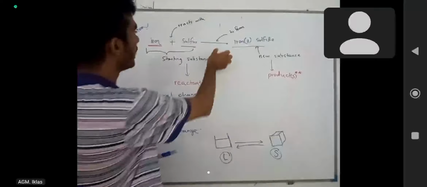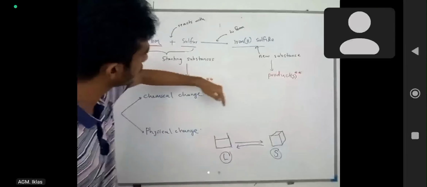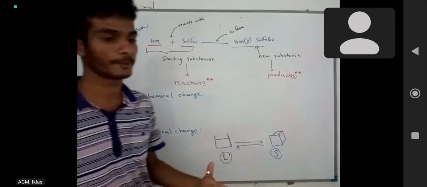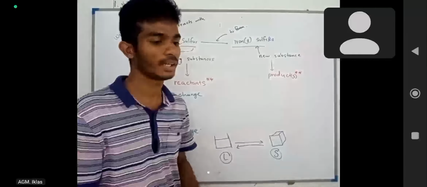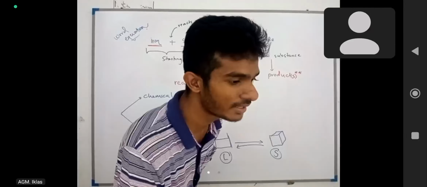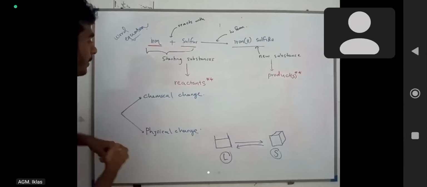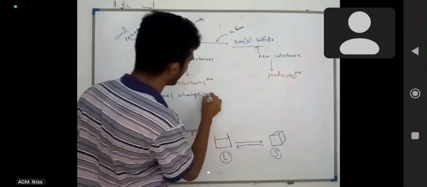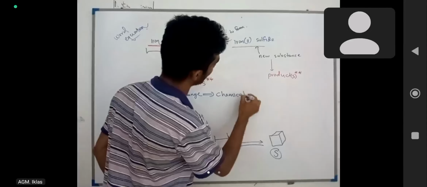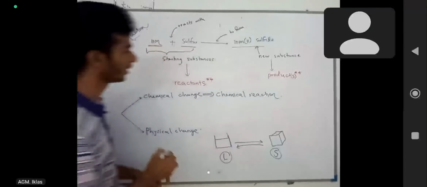Here I cannot directly bring back iron and sulfur; I need to carry out several procedures. So it is very difficult. Then they say a chemical change is usually called a chemical reaction. If you want, you can take a screenshot, or write it down.